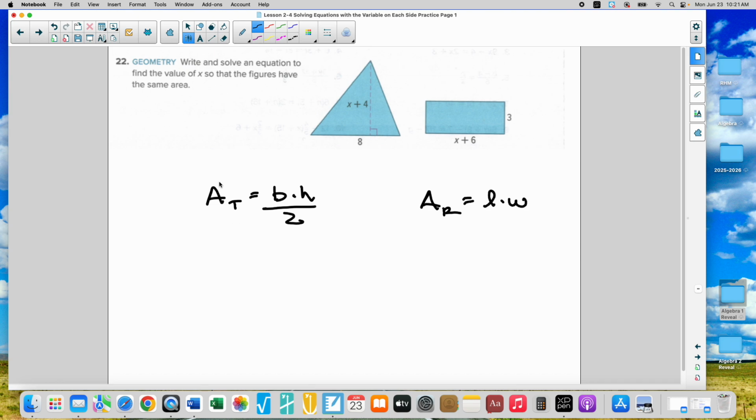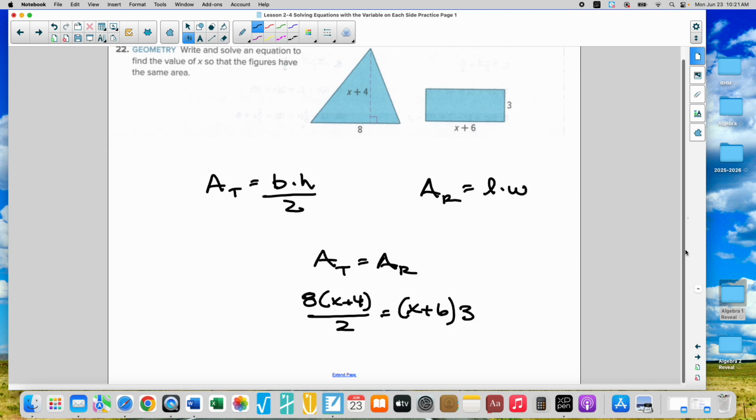So when is the area of the triangle equal to the area of the rectangle? We substitute: the base is 8 times the height, which is x plus 4, divided by 2, equals the length, which is x plus 6, times the width, which is 3.